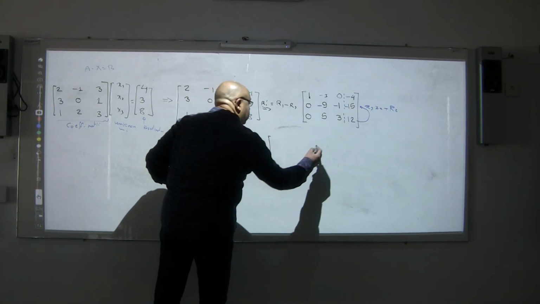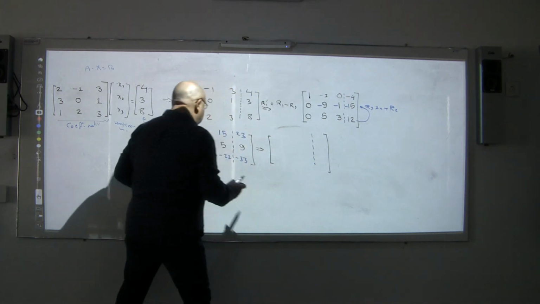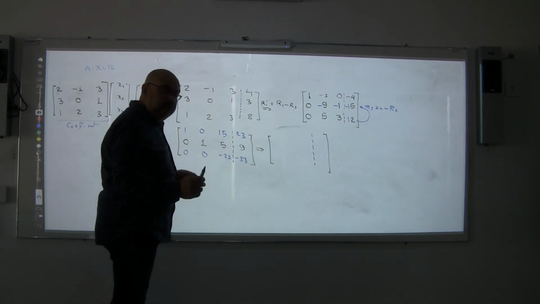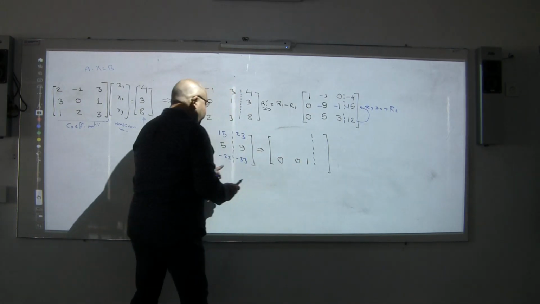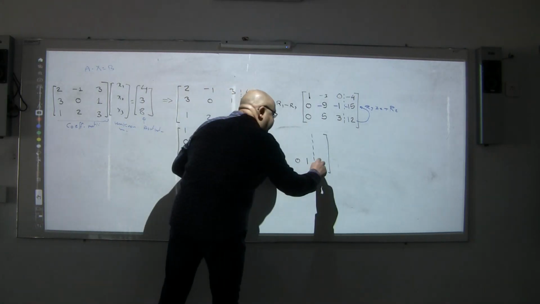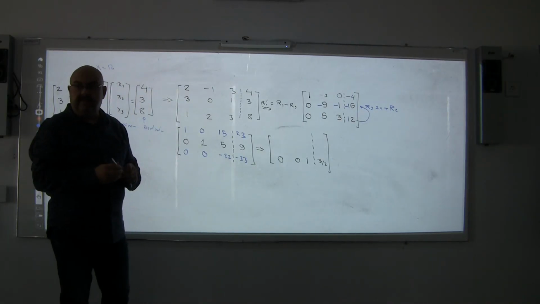So once more, I will divide by negative 22 or multiply by negative 1 over 22. So it's going to be 0, 0, 1. Negative 33 over negative 22 is going to be 3 over 2. So it's 1.5.